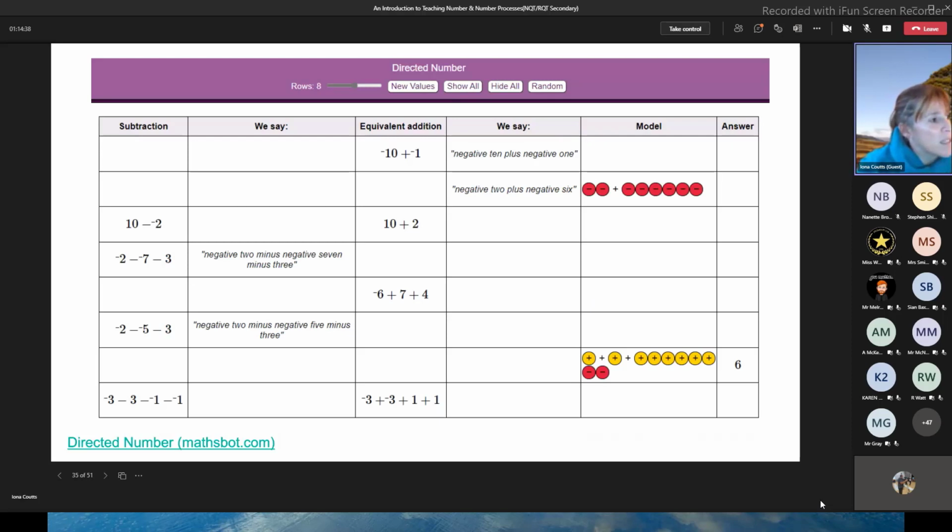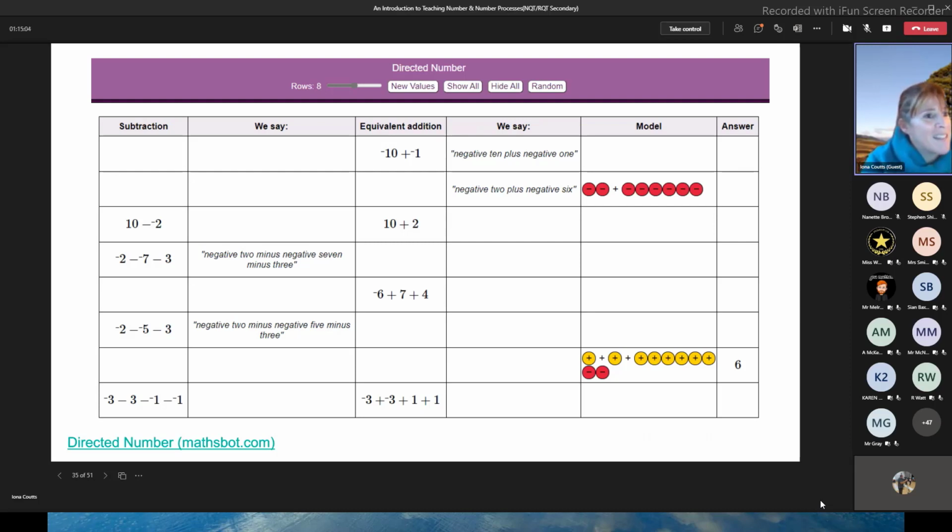You might be interested in this lovely little activity. Jonathan Hall's brilliant website, MathsBot, that we talk about all the time, he's put a whole bunch of new things on it recently. So if you haven't been on MathsBot for a wee while, a few weeks, have a wee look, because there's some really lovely stuff on it. And this is one of his new activities. It's a directed number activity, which is precisely this. It's taking subtractions, rewriting them as additions of the additive inverse.